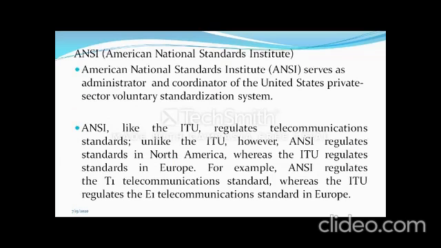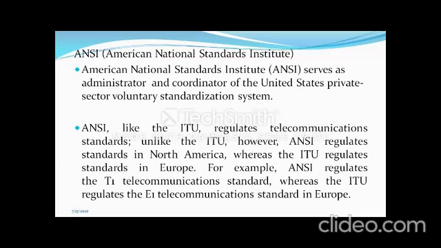The next standard is ANSI, American National Standards Institute. It serves as an administrator and coordinator for the US private sector voluntary standardization system.